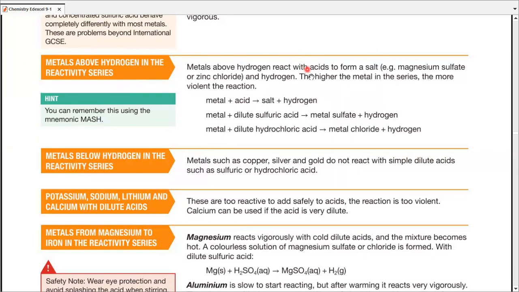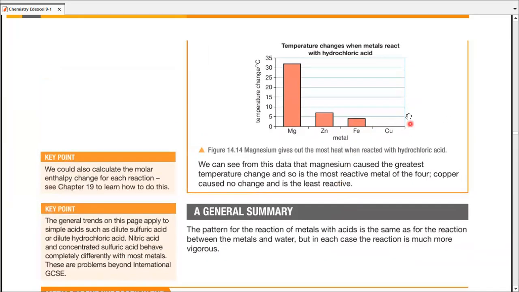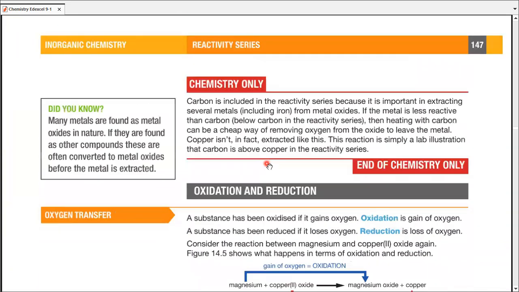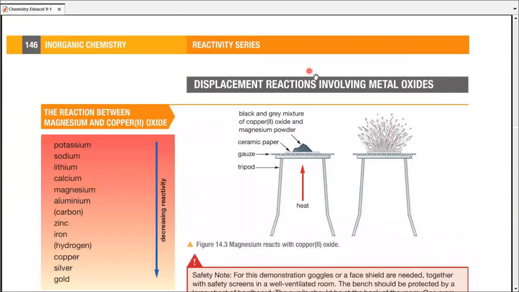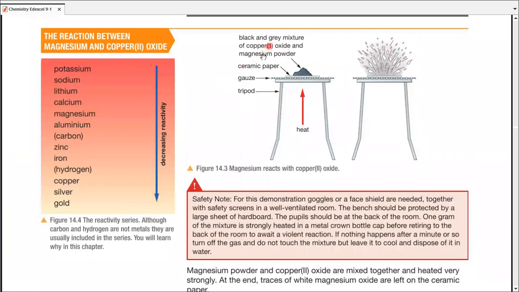I hope you already understand this from copper. See, copper is not even reacting, not even producing heat. Why do you think that is? Let's go a few pages back. Notice in our reactivity series, hydrogen and copper is right below it, which means copper will not react to produce hydrogen gas, silver will not, and neither will gold.